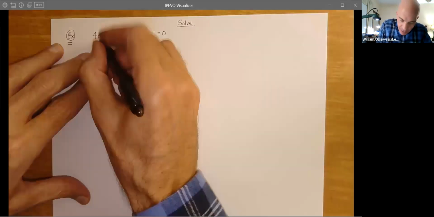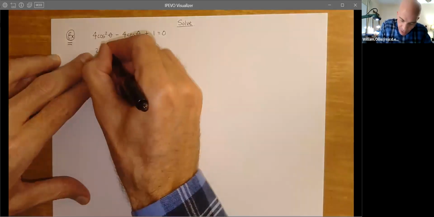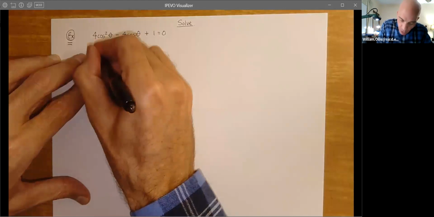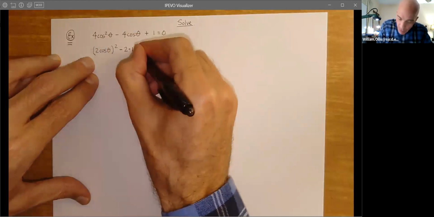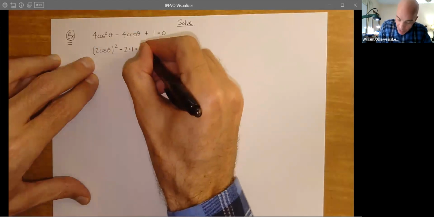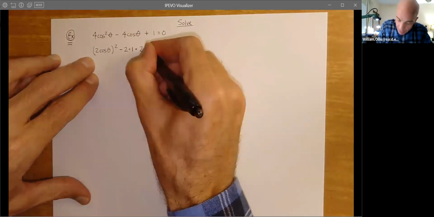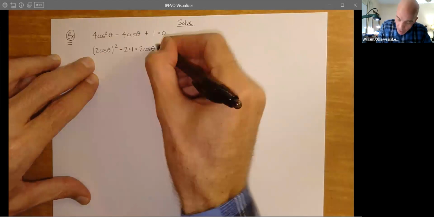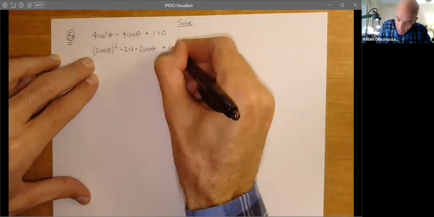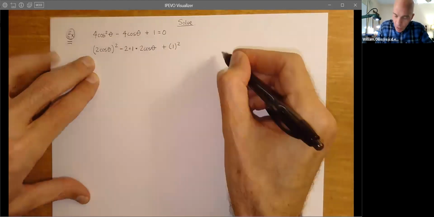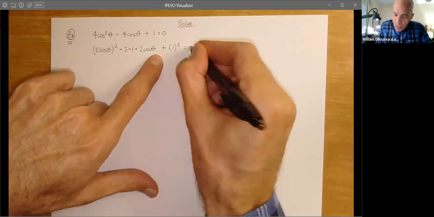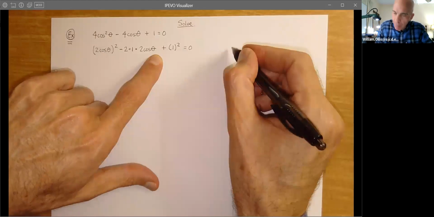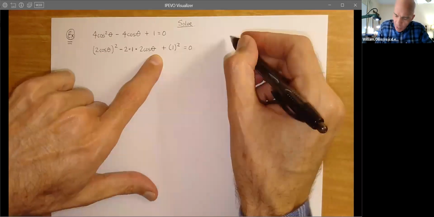But notice this is just (2 cosine theta) squared minus 2 times 1 times 2 cosine theta plus 1 squared. So that has this form that we remember from the first day, even though if you don't remember this, the AC lemma works fine. I mentioned that in the first or second week.